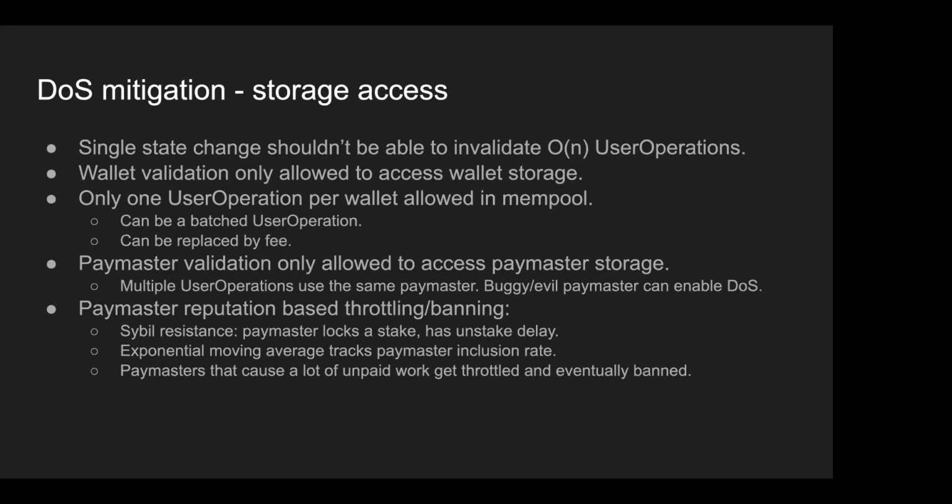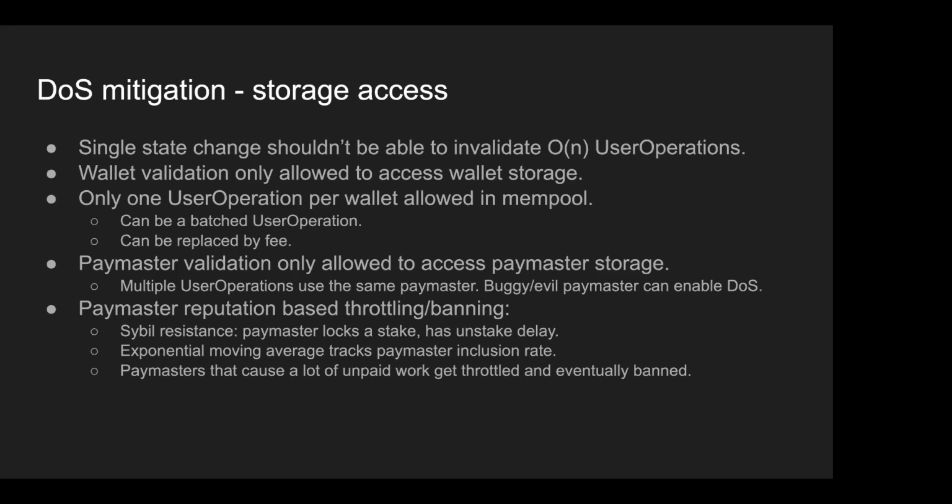Paymaster validation also has a similar restriction, where the Paymaster should only access its own storage, but this is not sufficient, because unlike wallets that can only have one op, a Paymaster can have a large number of ops that it affects. Therefore, we needed a reputation system where we can throttle and ban Paymasters that cause too much unpaid work.